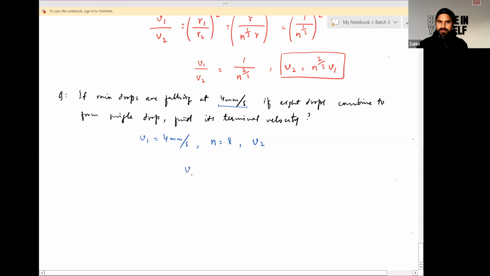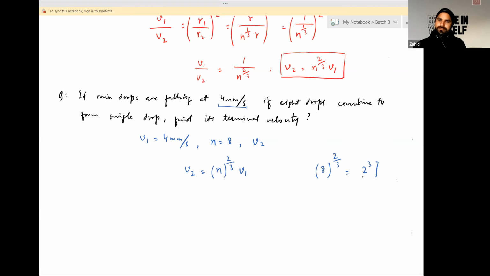According to the formula, V2 equals n to the power 2 by 3 times V1. Let me solve this particular fraction. N is 8, having exponent 2 by 3. So we can write 8 in terms of 2 as 2 raised to 3, and whole to the power 2 by 3.